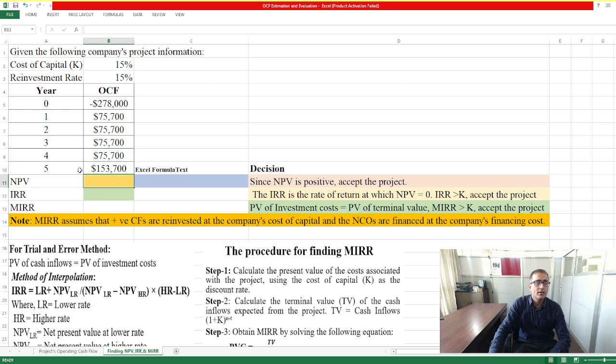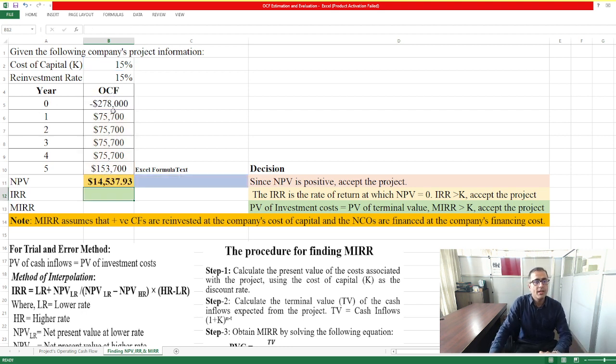Okay. Now how do we find the NPV? NPV is nothing but the present value of benefits minus the present value of the initial investment. In Excel we have an NPV function. You just click this one, and for rate we use the financing cost or cost of capital. Then first find the total present value of your future cash flow, then add your initial investment amount.